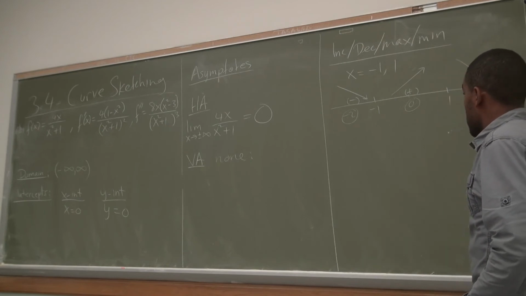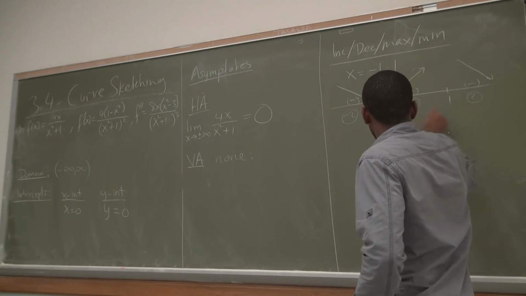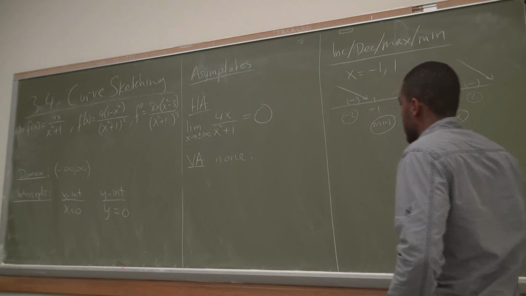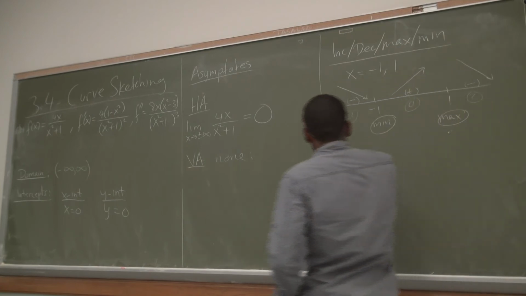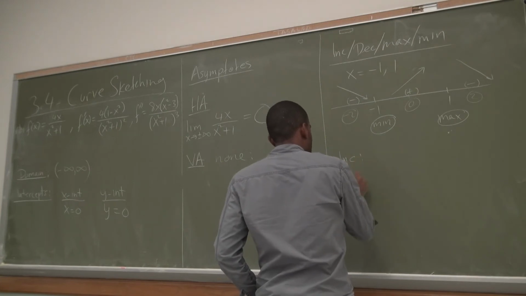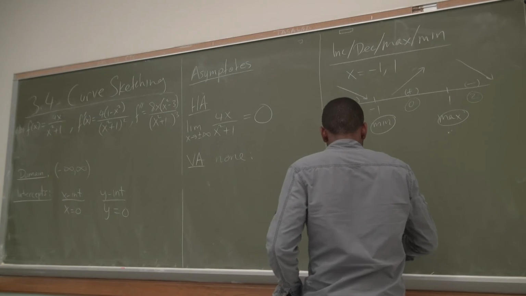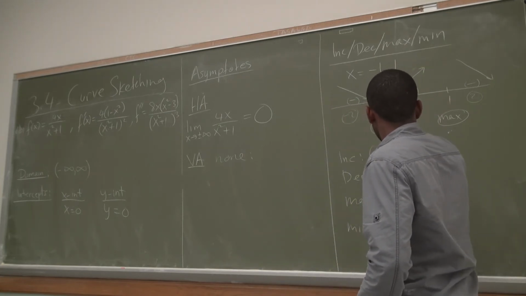Do I have maximums or minimums? Yes, we have both of them. This is a max because it's defined everywhere, so our function is continuous and we increase on the left and decrease on the right. We are increasing from -1 to 1.